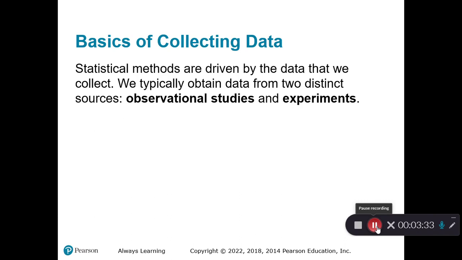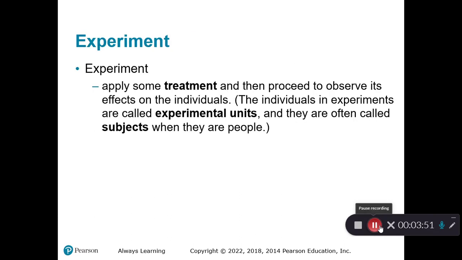Whereas in observational studies there's no involvement in the environment of the study on the part of the researcher, experiments by design have some sort of intervention called a treatment that we're trying to find the effects of. In an experiment, whoever is receiving the treatment is referred to as an experimental unit. That's a bit of a formal title. They're more commonly called the subjects of the experiment. The subjects are the people who are receiving the treatment and that we're studying in terms of the effects of the treatment.